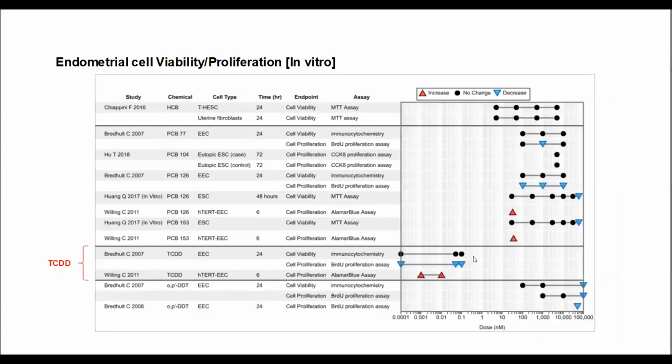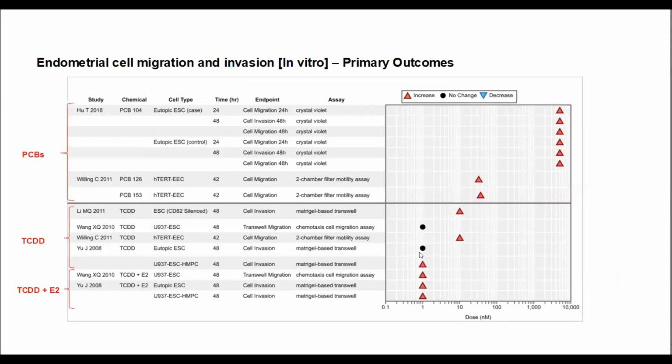The proliferation also exhibited very conflicting results, either for TCDD, which was not consistent at all, and the rest of the chemicals, but migration or invasion in cells was in the opposite direction, very consistent across the different chemicals and in TCDD. Interestingly, at the lower dose of TCDD, we found consistent interaction of TCDD with estradiol.